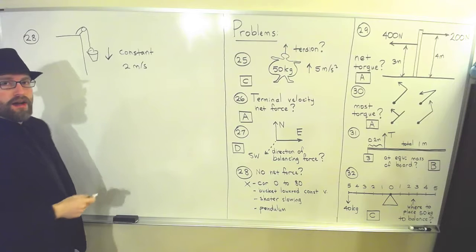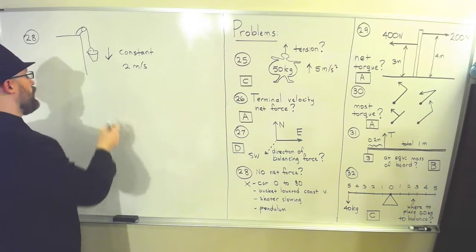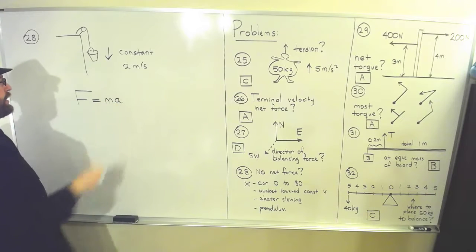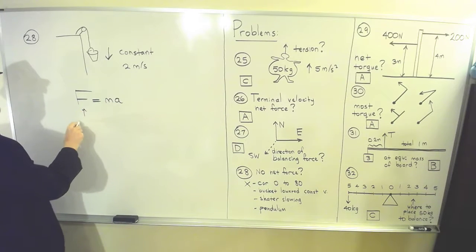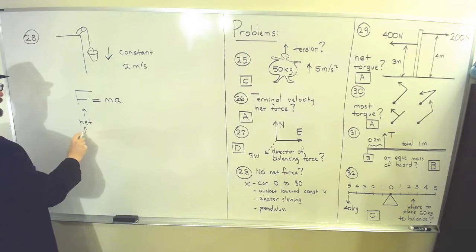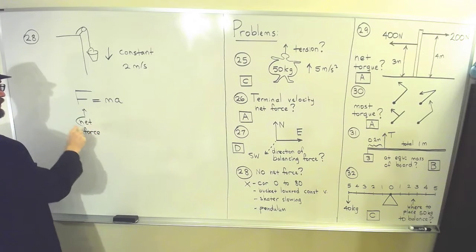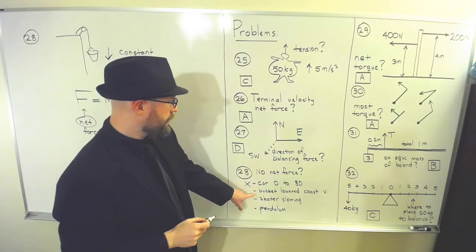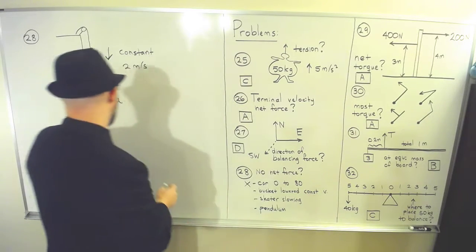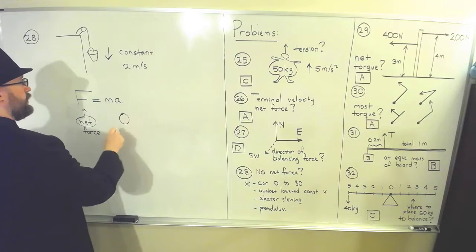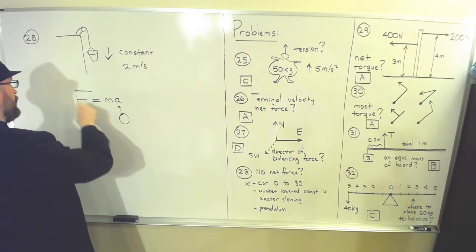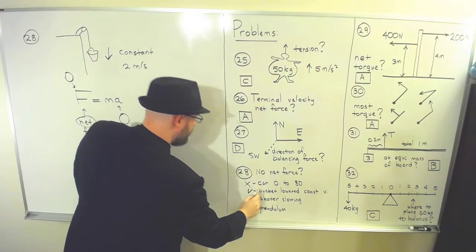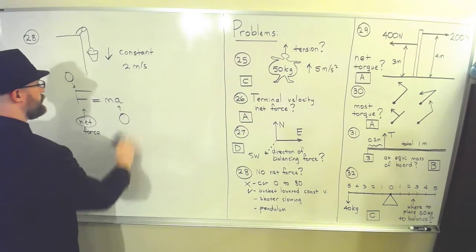But it's moving at a constant rate. In all these cases, you should be thinking back to F equals m times a, and remember that this is net force. There's no acceleration here. It's being lowered at a constant velocity, so that means 0 acceleration. And just like in the other problem, this is 0, so that's 0, and 0 means no net force. So that one does experience no net force.